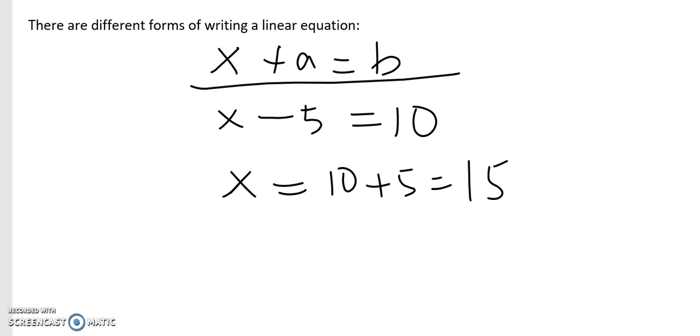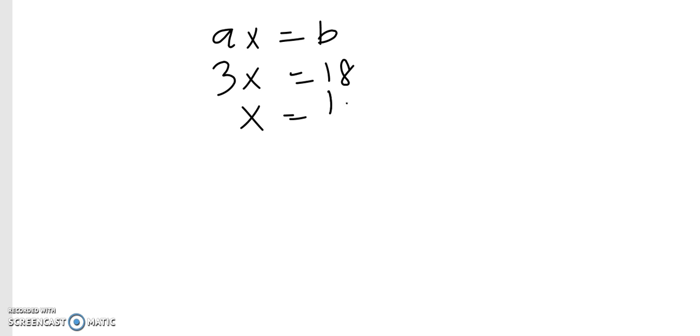linear equation. Another way of writing the equation can be ax is equal to b. Here, if I have 3x is equal to 18, x will be equal to 18 divided by 3, which is going to be equal to 6.